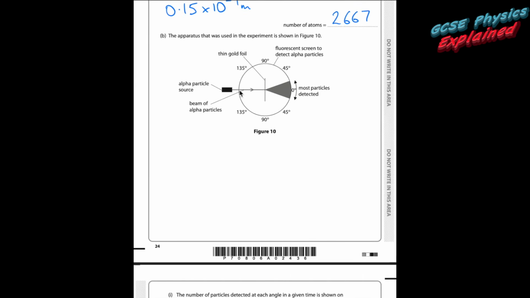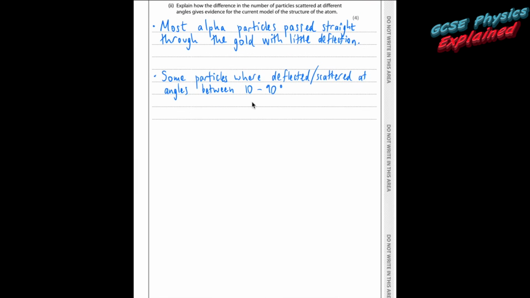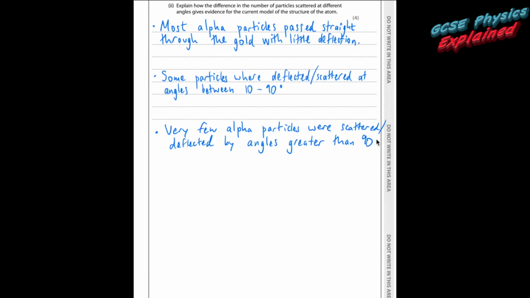So that would mean they've hit off here and then literally bounced back. Now, what does that evidence suggest? Well, it took Rutherford himself about 2 years to understand what these three pieces of information meant.